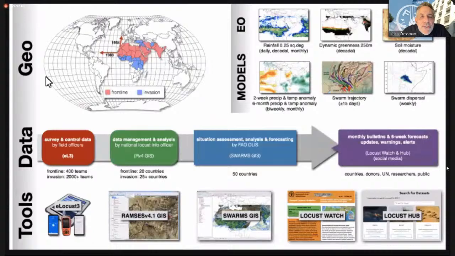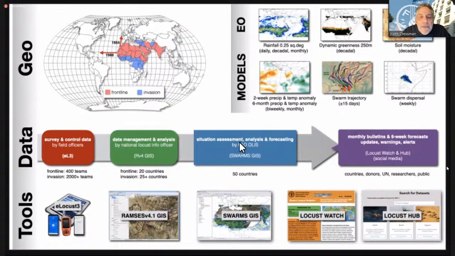There's a geospatial component, so geography. Here you can see the area that we're interested in, Africa and Southwest Asia. In addition, it relies on data from the field, and on digital tools to collect that data, but also digital tools to analyze the data.